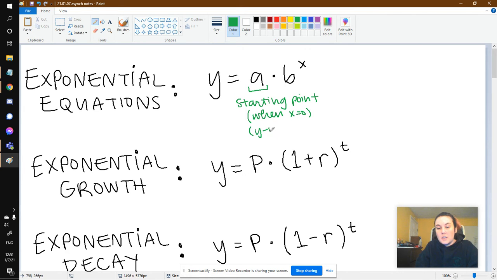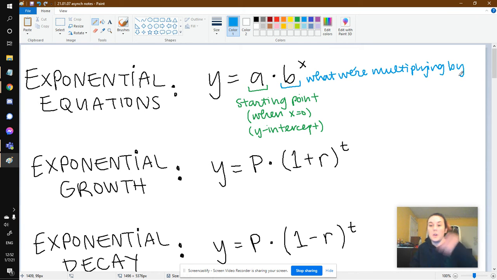So this is technically the y-intercept as well. That's just a fun fact, though. And then this b is what we're multiplying by to get from one value to the next, right?